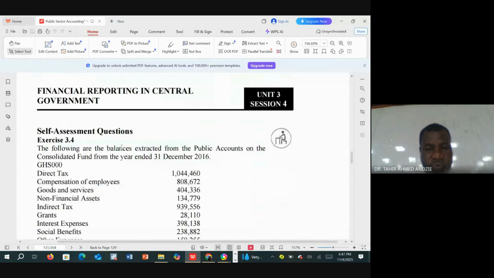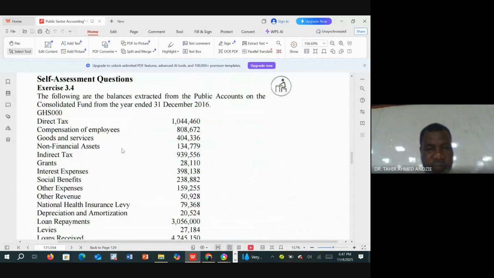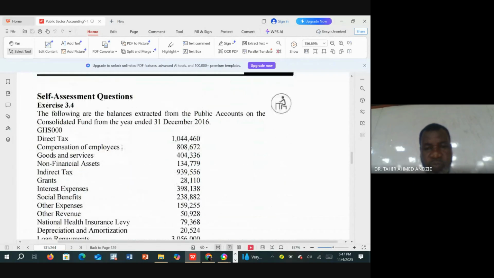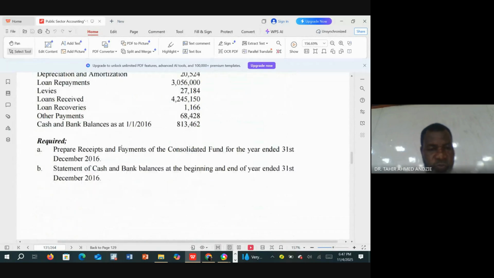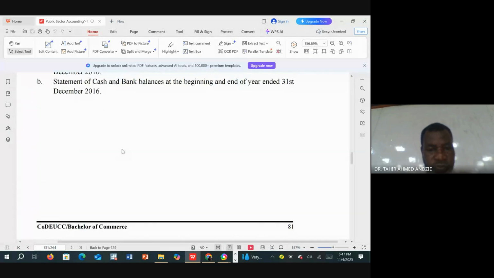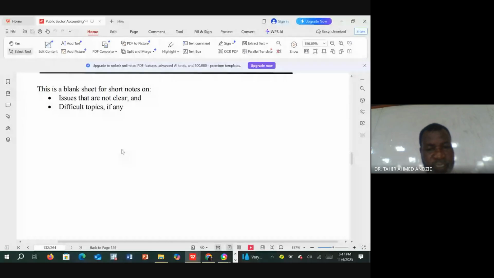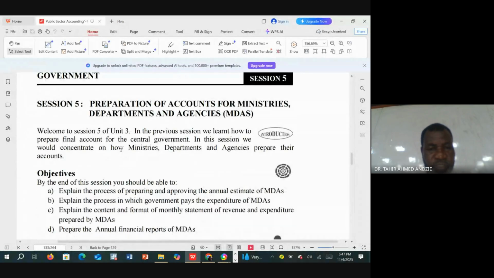We went through this simple question, which is likely to come in your examination, just to prepare the receipt and payment for the consolidated fund account. Then we looked at the preparation of accounts for the ministries, departments, and agencies.